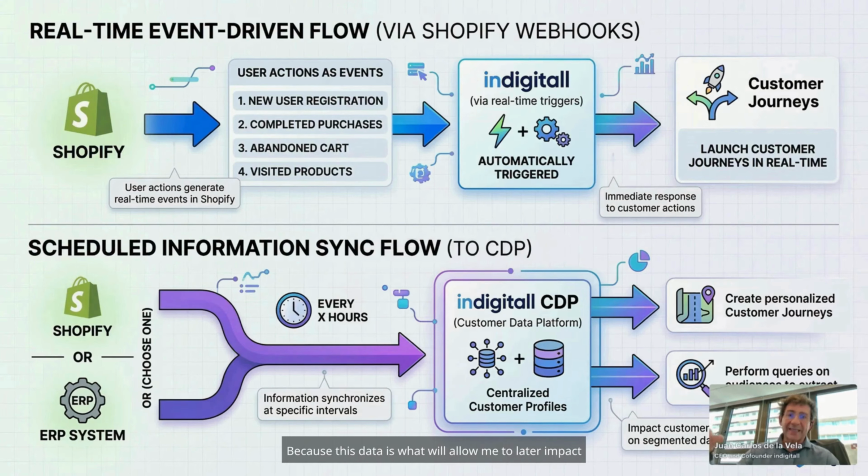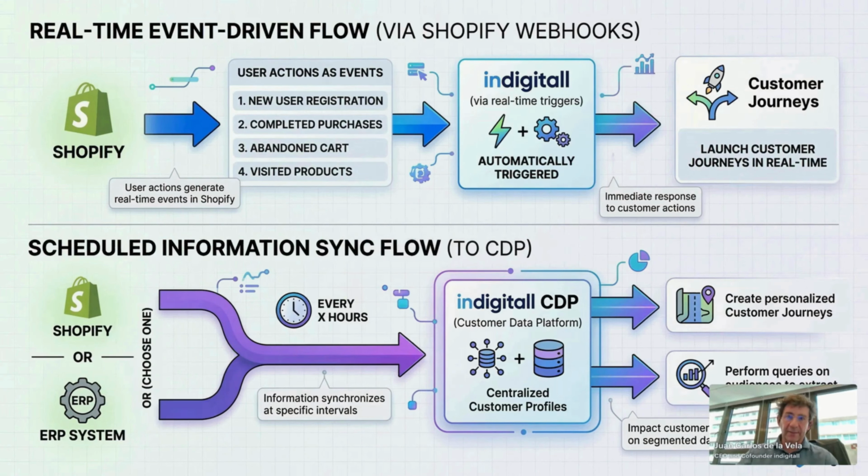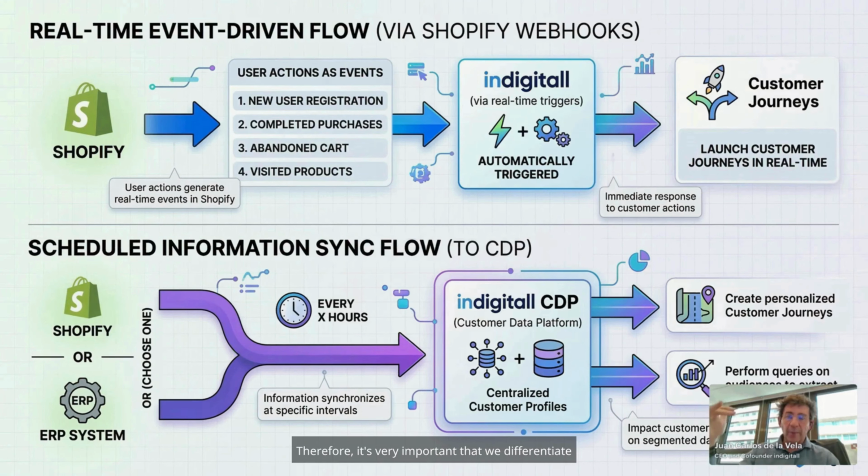Why? Because this data is what will allow me to later impact customers and create audiences based on behavior, based on customer purchases. Therefore, it's very important that we differentiate between the two types of communications there are.